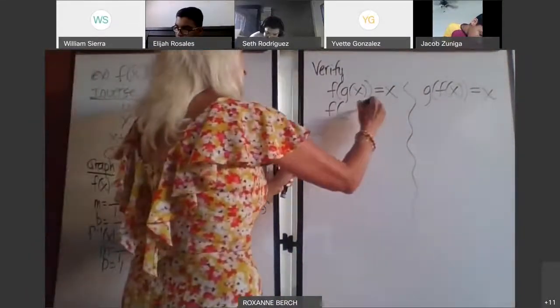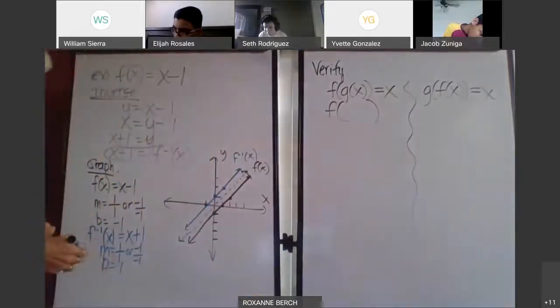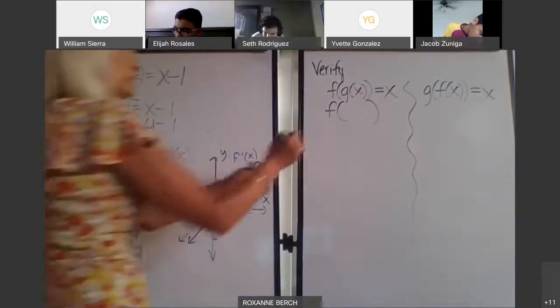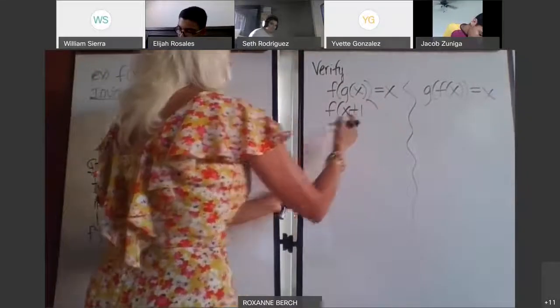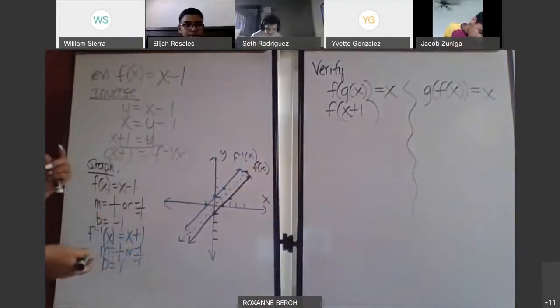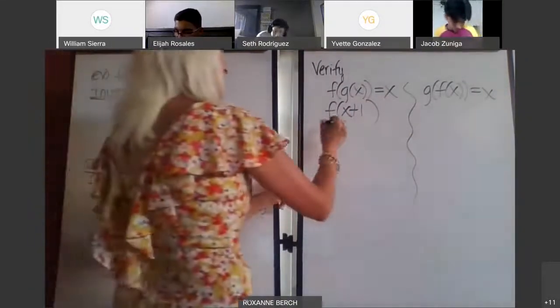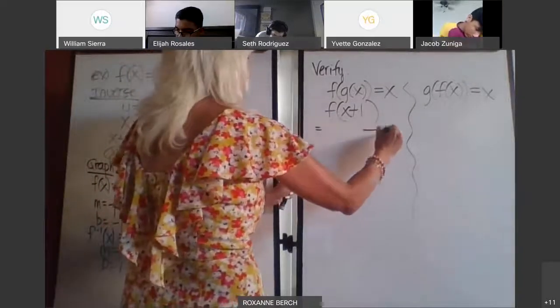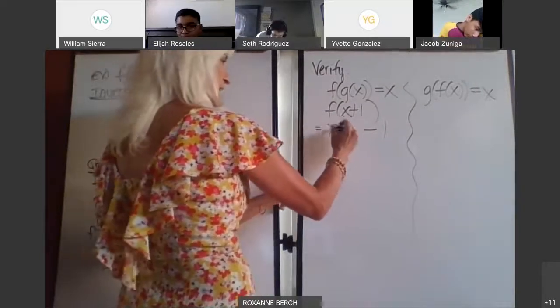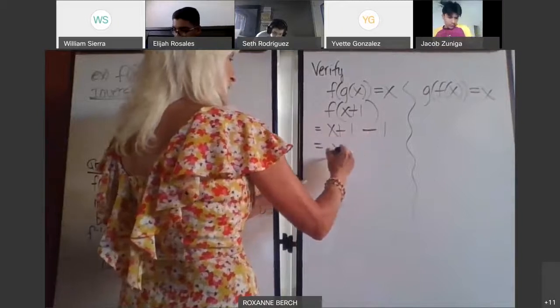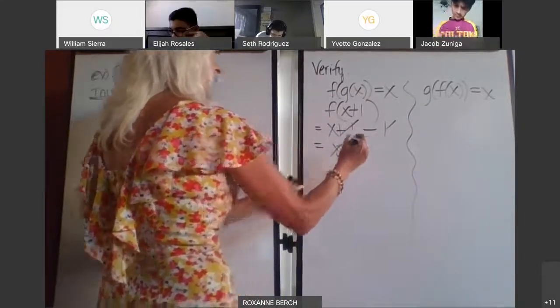So the g function is the inverse, which is x plus 1. That becomes the x of the f function, which is something minus 1. So the something is x plus 1. So that did work.